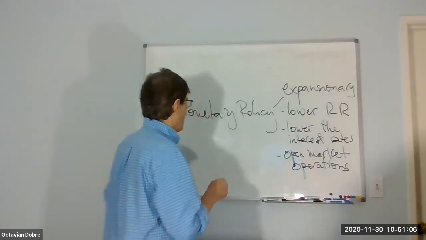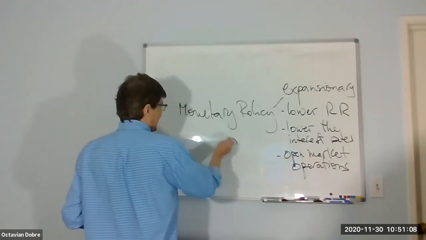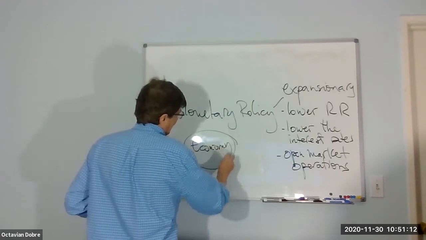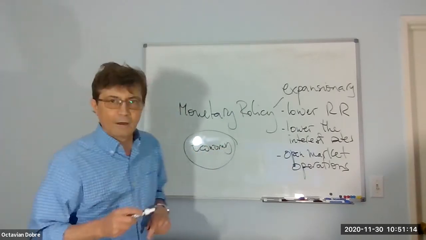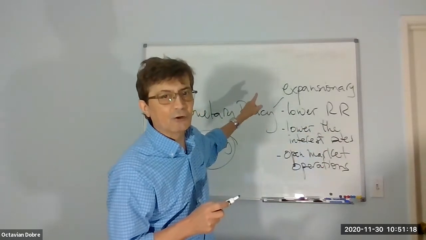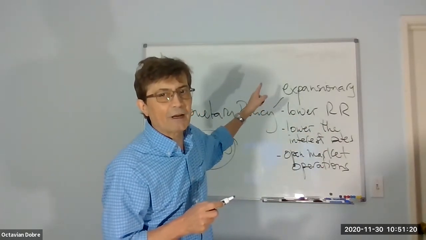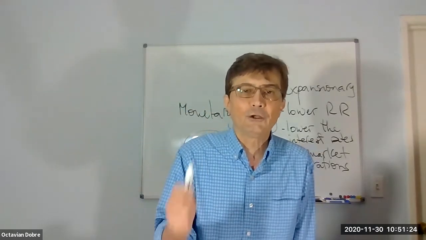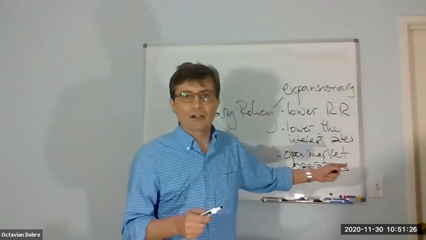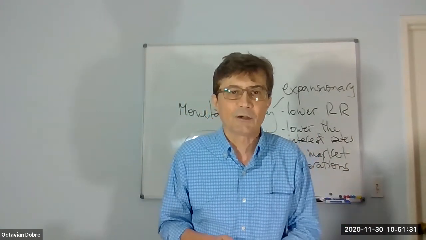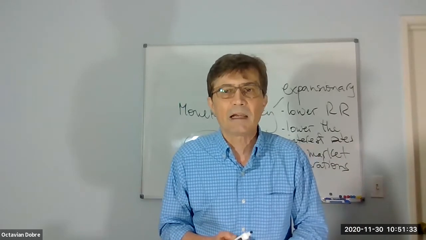Okay, so here's the economy. And the Fed is pursuing expansionary monetary policy. What will they do with open market operations? Buy bonds on the open market or sell bonds on the open market?